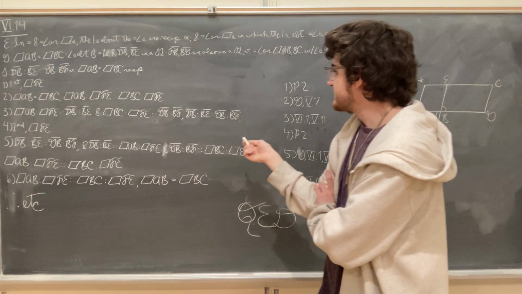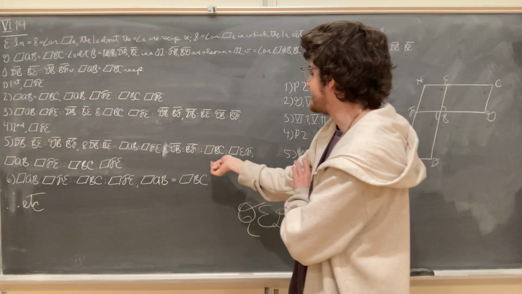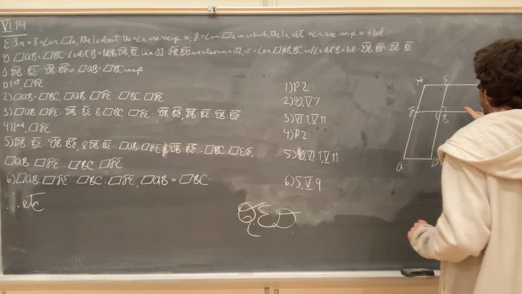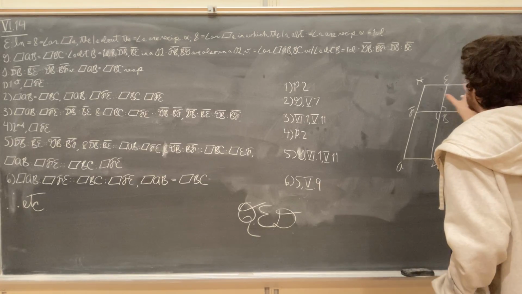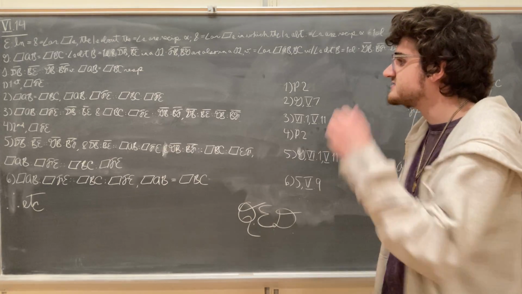So DB is going to be to BE, just as the parallelogram AB is to the parallelogram FE. And likewise, the base GB is to the base BF, just as the parallelogram BC is to the parallelogram EF, again by 6.1, because these two parallelograms BC and FE are under the same height, which means they are to each other as their bases.